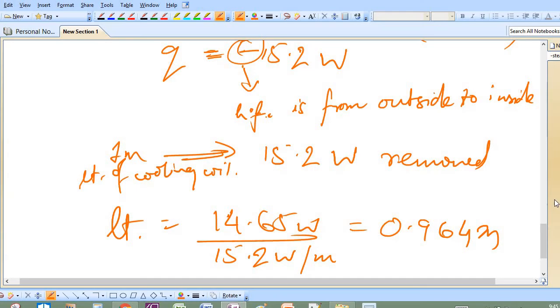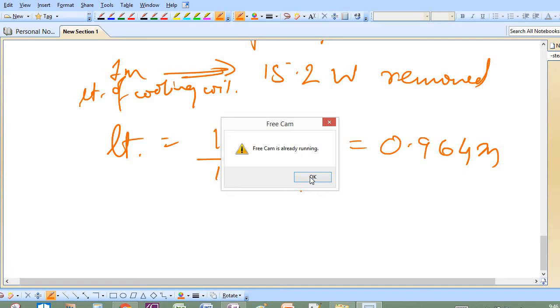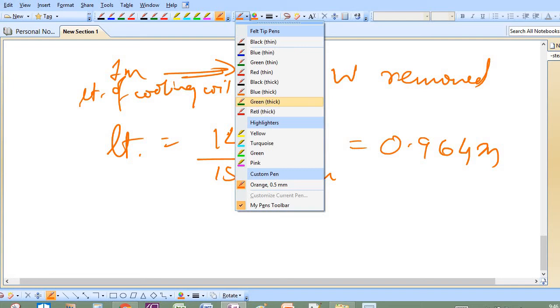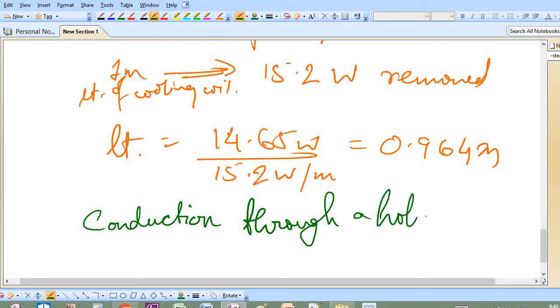Now we approach the topic, which is conduction through a hollow sphere. So conduction through a hollow sphere, let's see.